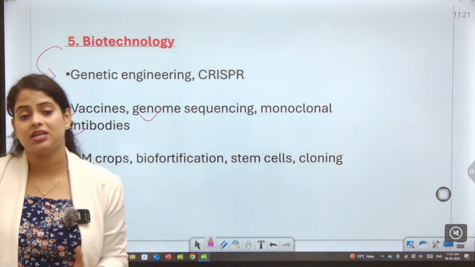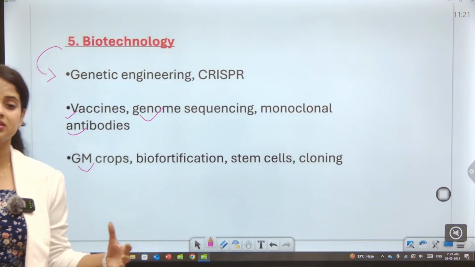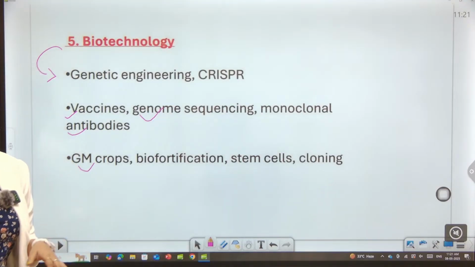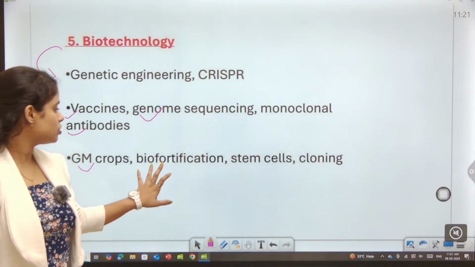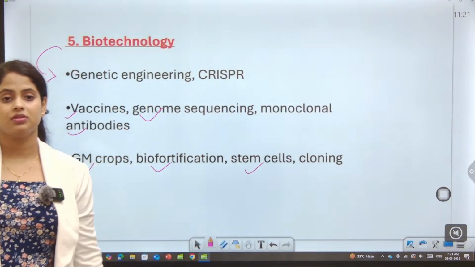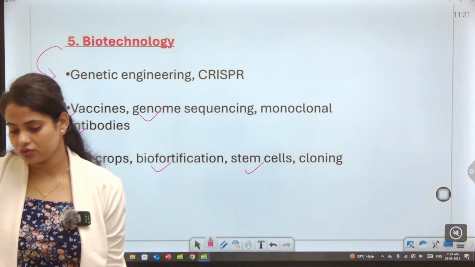The genetically modified crops have been fortified, that is, vitamins are added, and we eat them. So biofortification, stem cells, cloning, these are also topics under biotechnology we are going to cover.